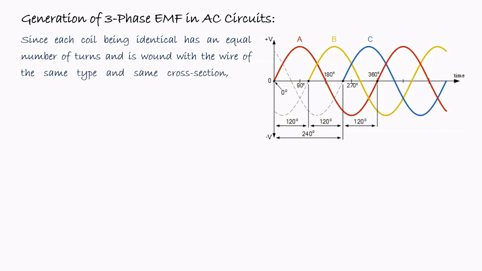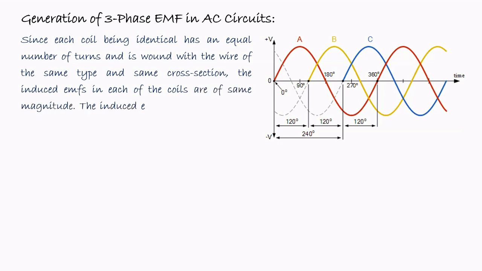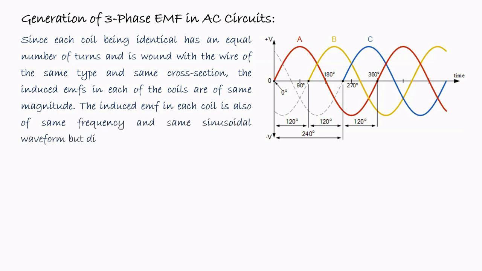Since each coil being identical has an equal number of turns and is wound with the wire of the same type and same cross section, the induced EMF in each of the coils is of the same magnitude. The induced EMF in each coil is also of the same frequency and same sinusoidal waveform, but they are displaced from each other by 120 degree.